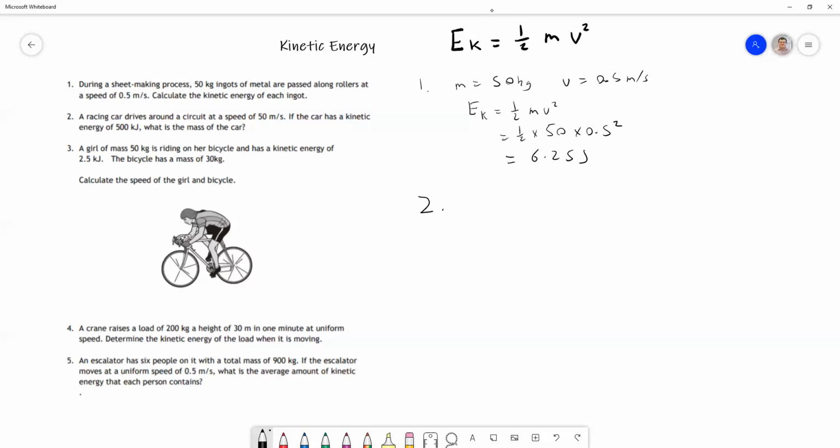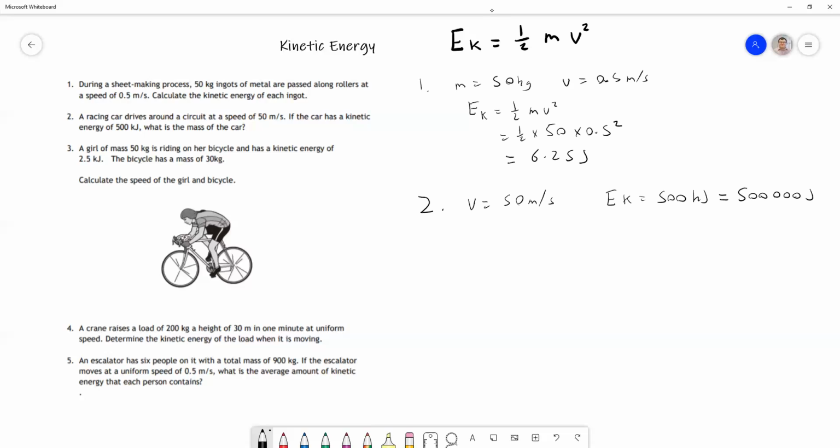Question 2, we're given a different problem to solve in the sense that we've been asked to find something else. We're told the speed of a car is 50 meters per second, and its kinetic energy is 500 kilojoules. Remember, we work in joules, so we convert this in the first instance to 500,000 joules.